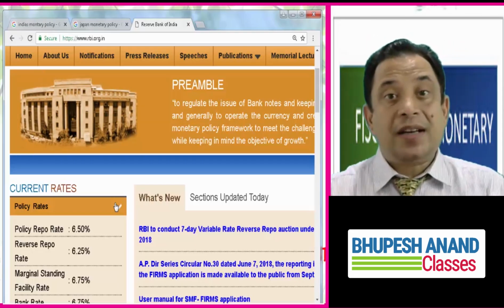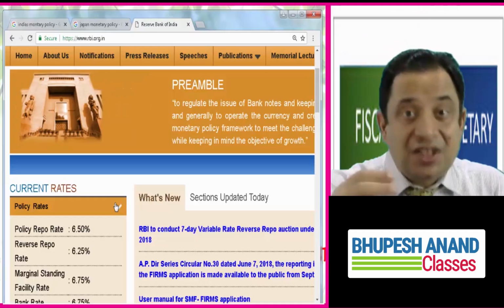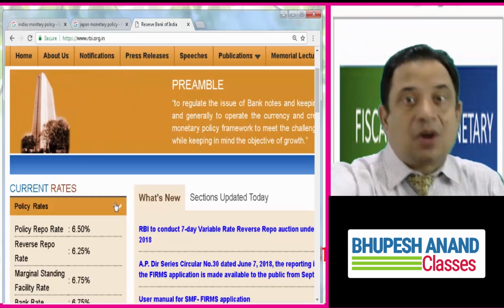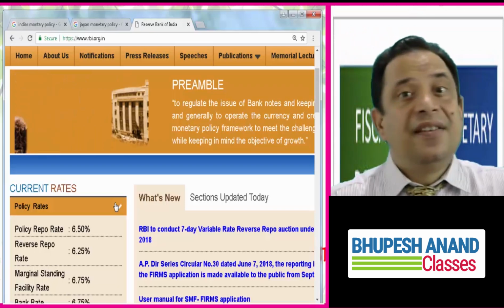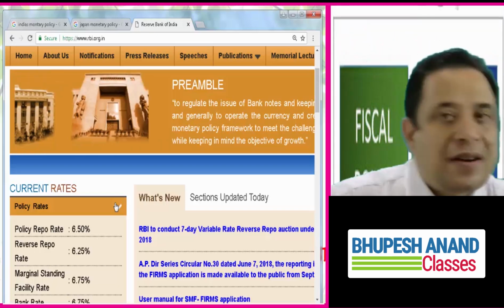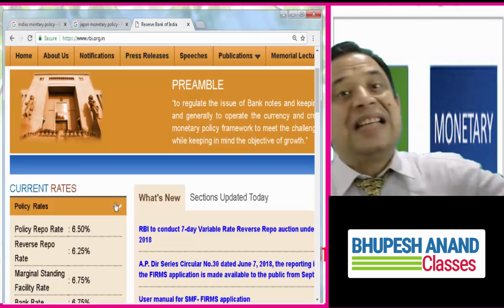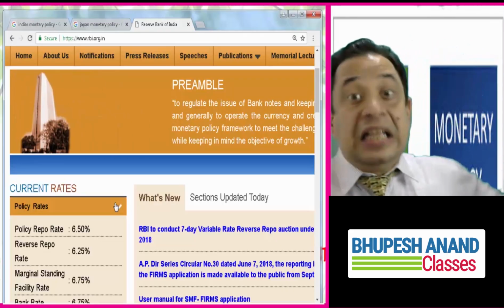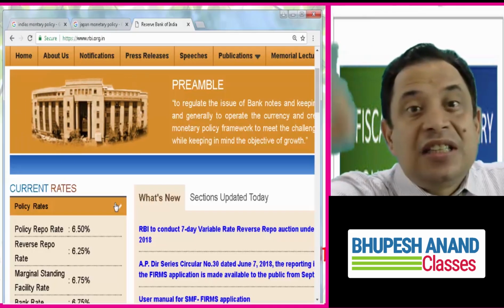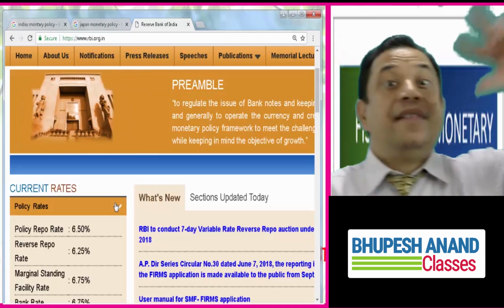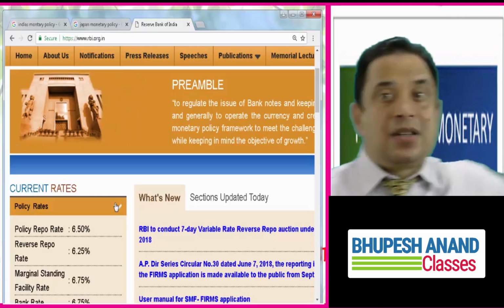Repo rate is the rate at which the central bank of India, that is the Reserve Bank of India, will lend money to commercial banks, to Punjab National Bank, HDFC, ICICI, State Bank of India, State Bank of Patiala. This is the rate at which the central bank of a country will give loans to these commercial banks.